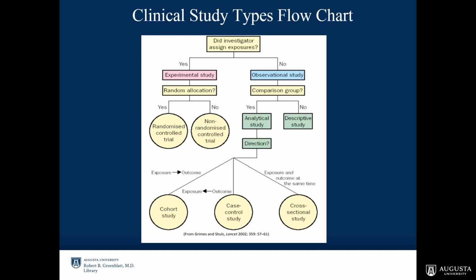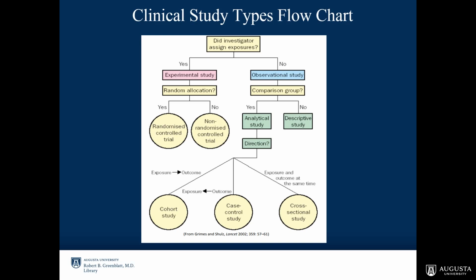On the observational side, you ask, is there a comparison group? If yes, then it's an analytical study. Then going down the chain, you're looking at the direction. So I mentioned going forward in time versus going backward in time. In the cohort study, you are first looking at the intervention and then the outcome, which is forward in time.